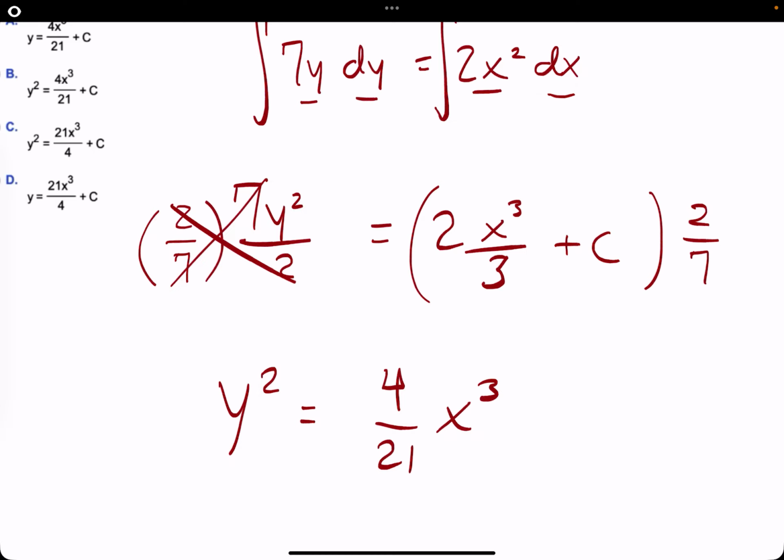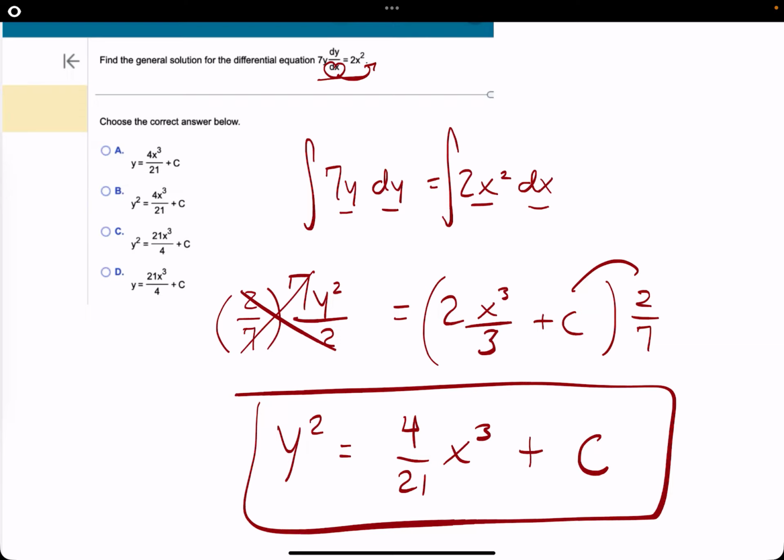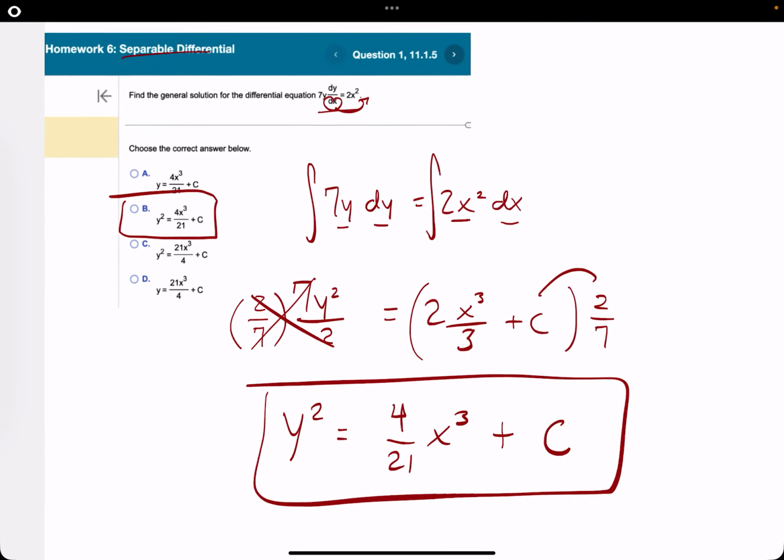My guess is that they're doing c times 2/7, which is really just another constant, so they're going to write it as just plus c, not 2/7 c. Be clear that this c is not the same as that c. But 4 over 21x cubed plus c looks like option B here. Make sure it's equal to y squared, not y. That's the first one.